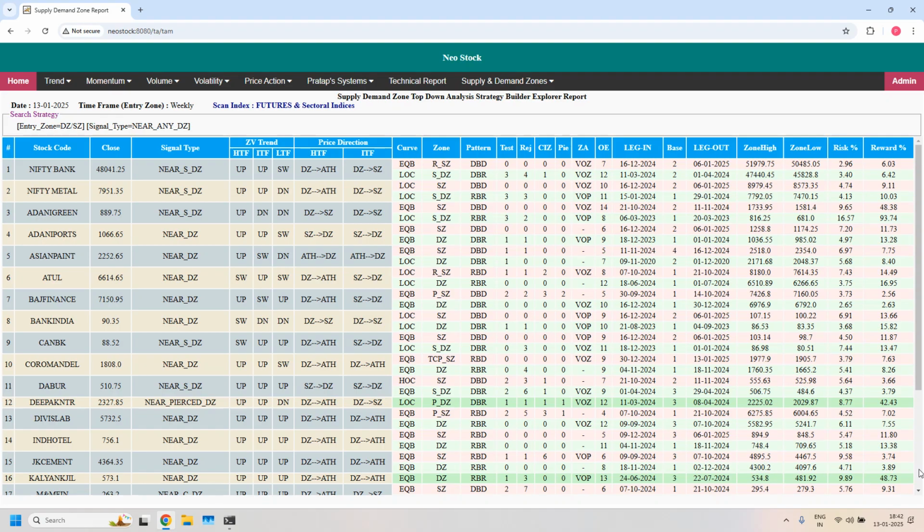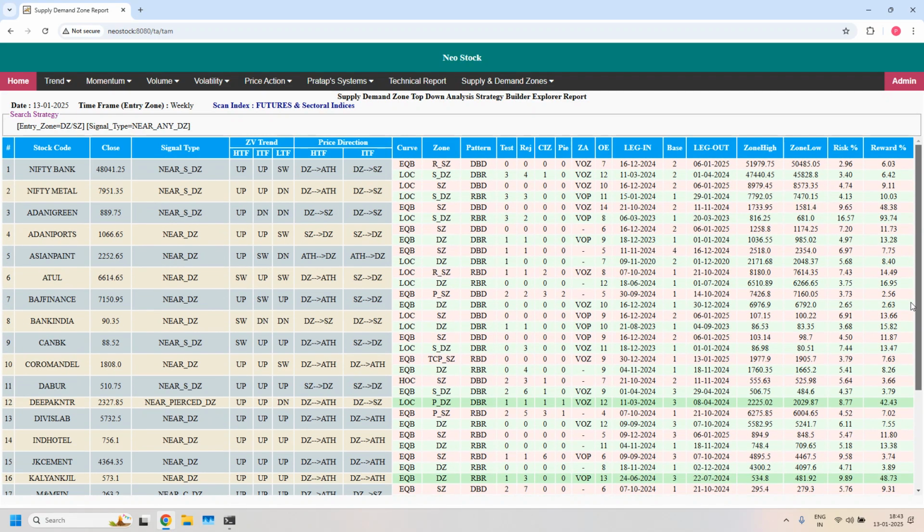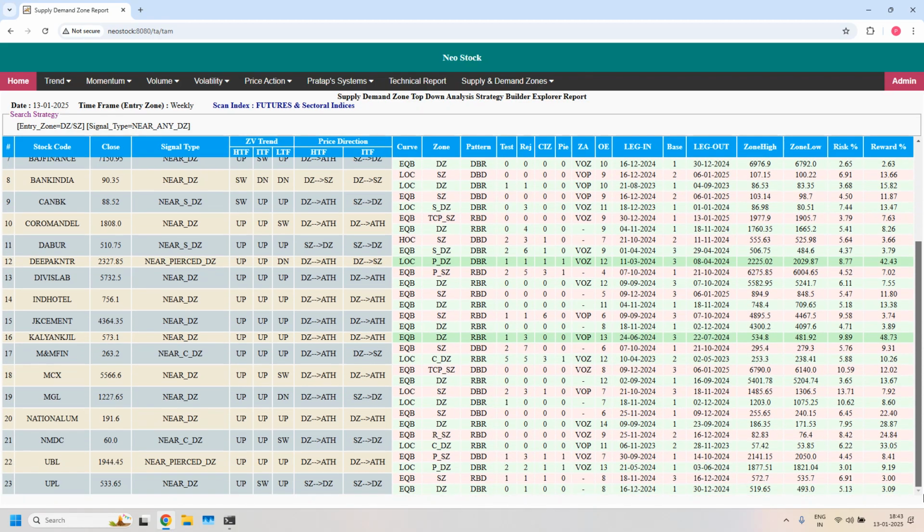I am scrolling the list down. So total 23 stocks are filtered. Nifty Bank on weekly time frame is near the high liquidity zone. Weekly high liquidity zone. Okay, total 23 stocks.